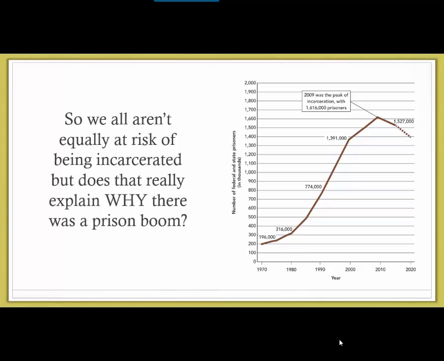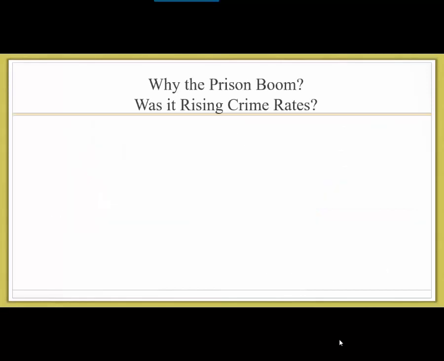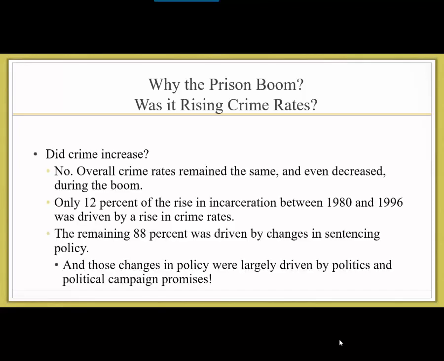So historically, why did we have a prison boom? Was it because of rising crime rates? Well, the fancy answer there is no. Overall, crime rates have remained about the same, and actually, at some periods during the prison boom, it decreased.